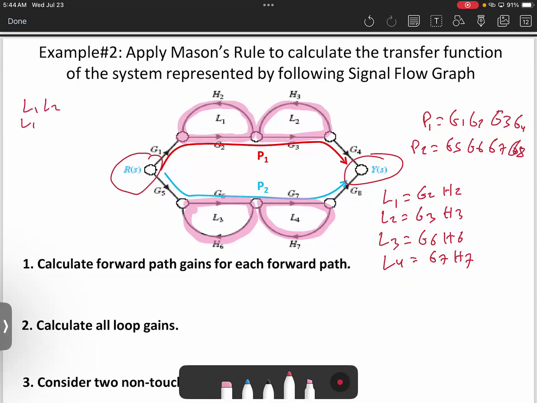L1, L2, L1, L3, L1, L4, L2, L3, L2, L4, L3, L4, then L1, L2, L3, then L1, L2, L4, and L1, L2, L3, L4.